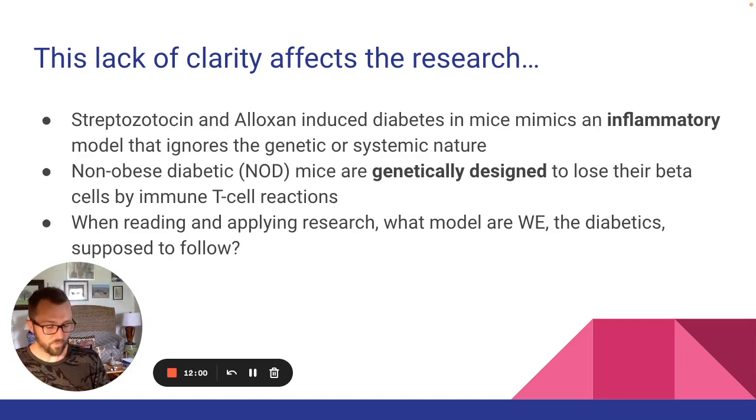Because when you give those mice streptozotocin and alloxan, you're ignoring the genetic nature of the mice, right? So you're simultaneously saying, oh, there could be a genetic nature to diabetes.